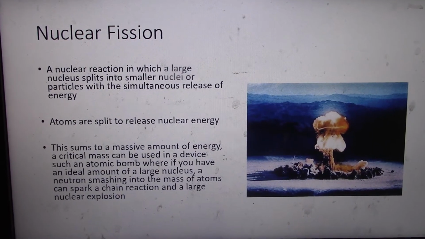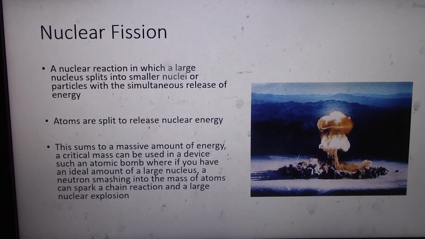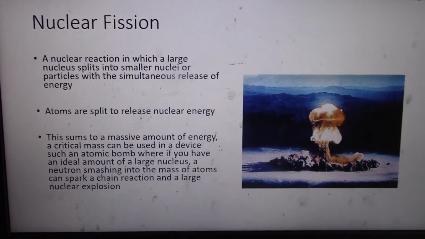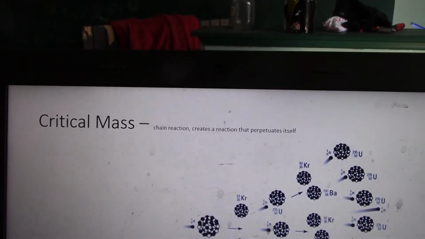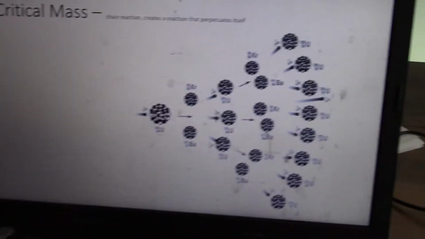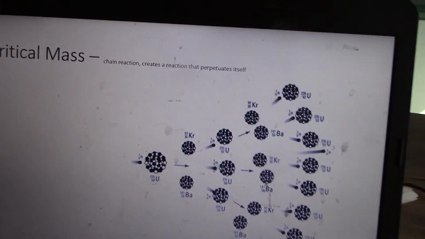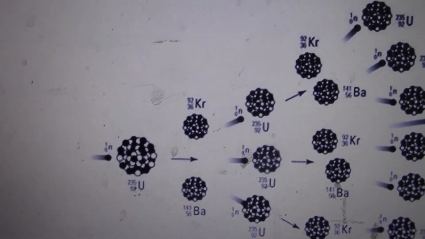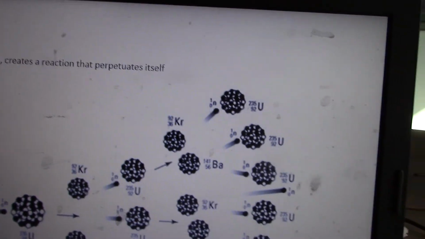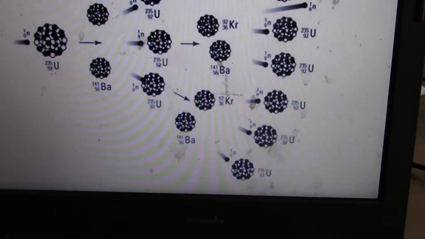If you have an ideal amount of a large nucleus, a neutron smashing into the mass of atoms can spark a chain reaction. So this is critical mass. If I pound a uranium atom with a neutron in the right spot, it will create this successive amount of radioactive decay.